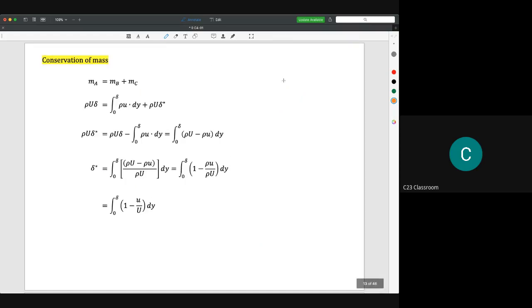Then we start to calculate the mass for A is equal to mass for B plus mass for C. And mass for A, I already showed you how to calculate: it becomes rho, U, and delta. And the mass for C is quite straightforward, so we could calculate it as rho, U, and delta star.